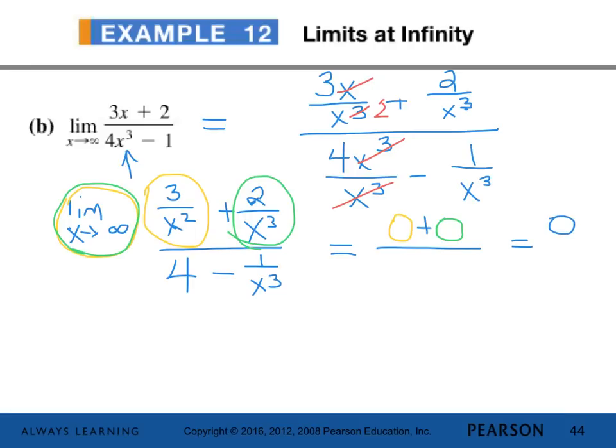Then we're going to take the limit as x approaches infinity of 4, which is 4. And the limit as x approaches infinity of 1 over x to the third is also 0.